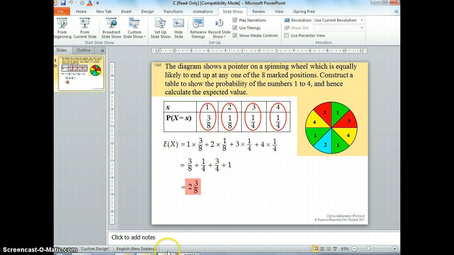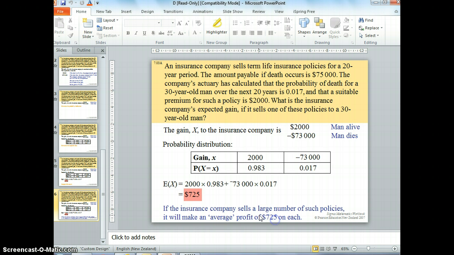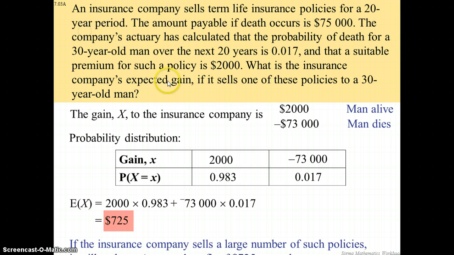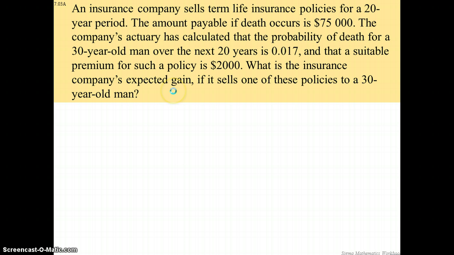Another example. An insurance company sells term life insurance policies for a 20-year period. The amount payable if death occurs is $75,000.